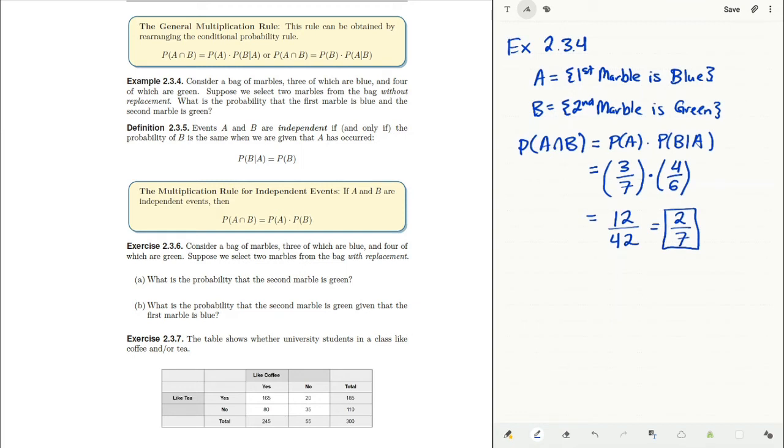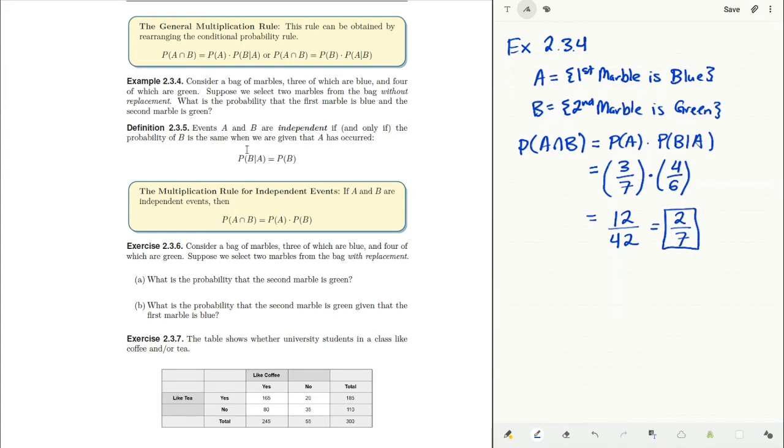So we can now use conditional probabilities to define independent events. So we say that the events A and B are independent if and only if the probability of B is the same when we are given that A has occurred.